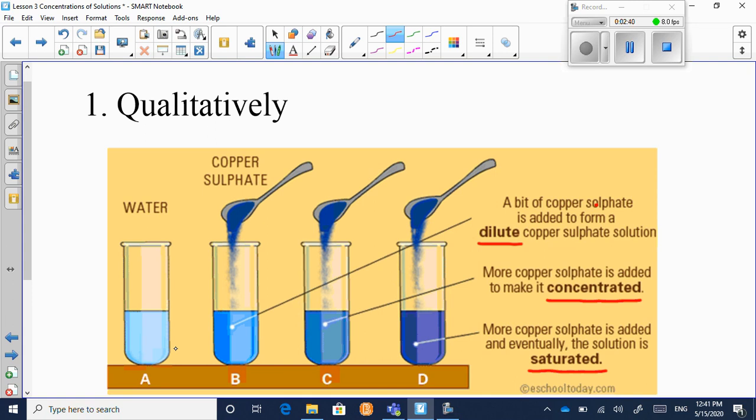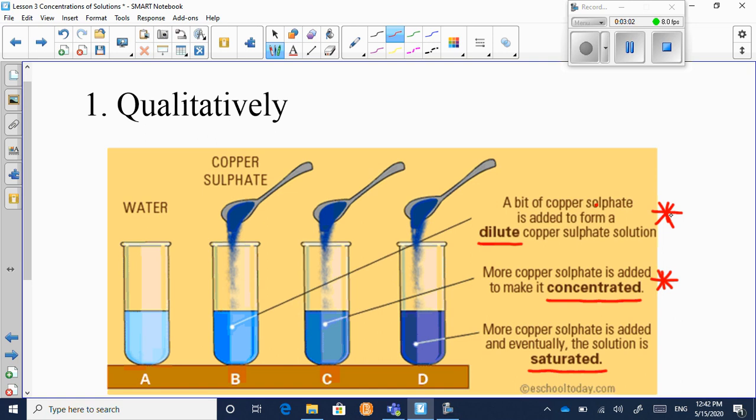So you can see that in solutions, the more of the solute you add, the more concentrated it becomes. If I told you that you had a very concentrated solution, you would know that a lot of solute has been added. If I told you you had a very dilute solution, you'd know that not very much of the solute had been added. A good example of this is orange juice.